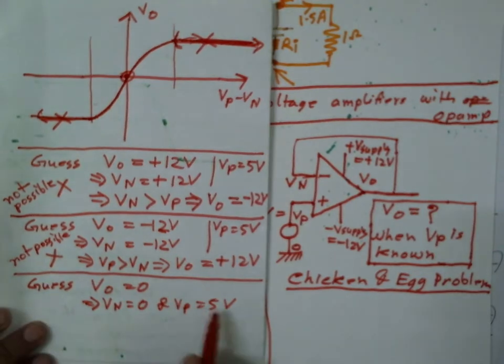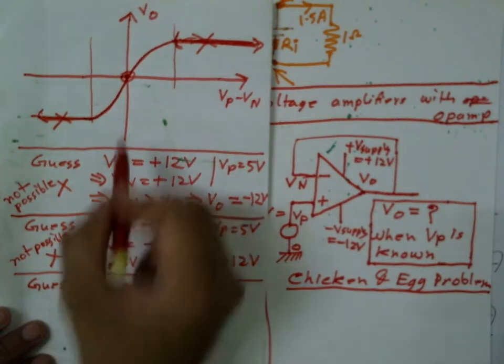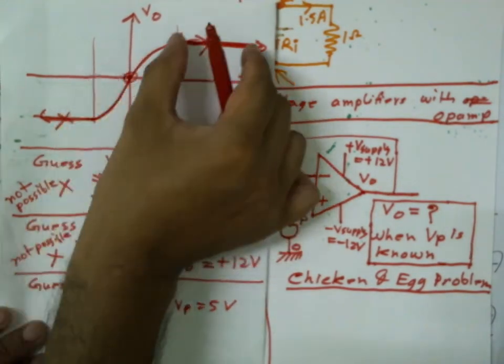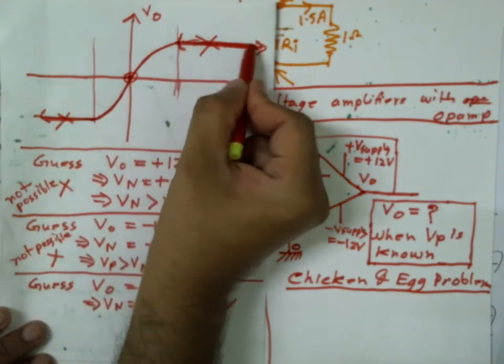If we think that this 5 volt is sufficiently higher than 0 volt, the gap is sufficient, then if it is sufficiently higher, we know that it should be 12 volt.